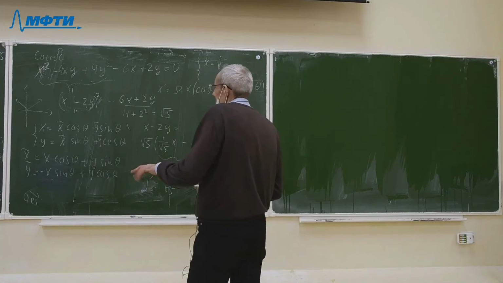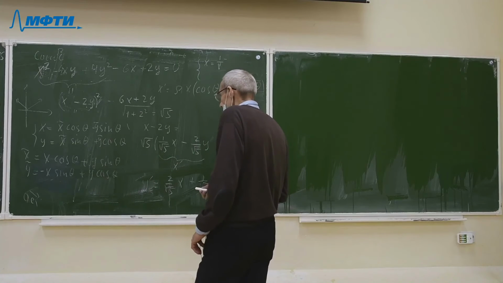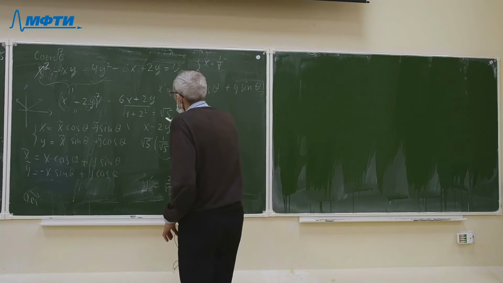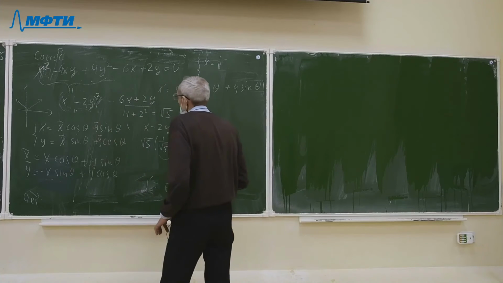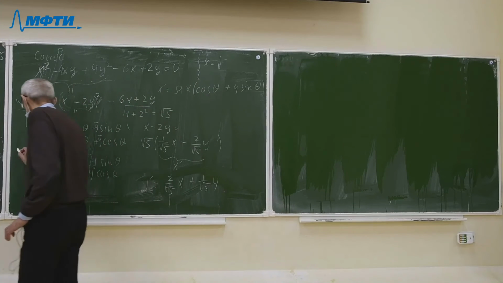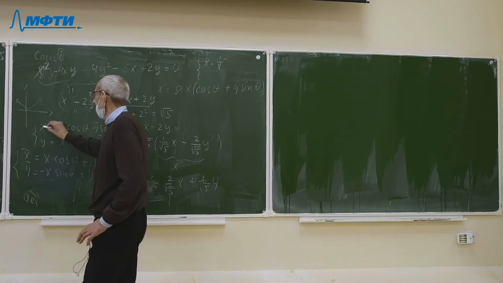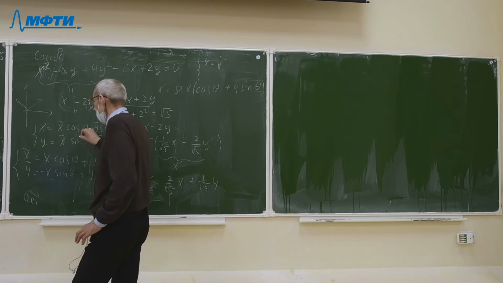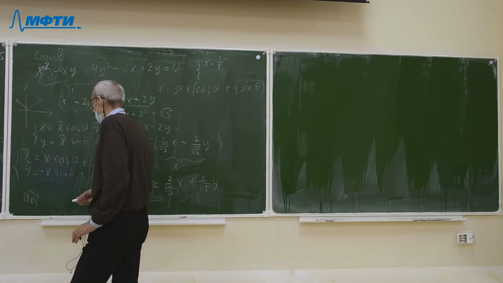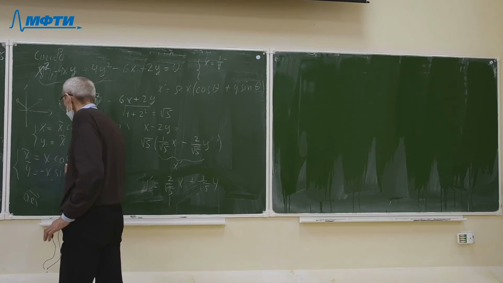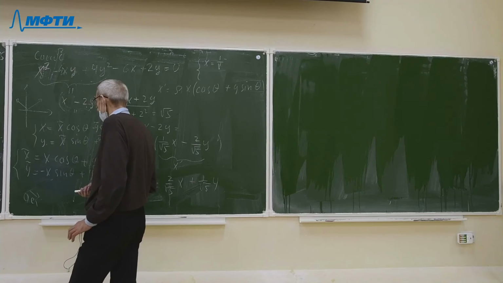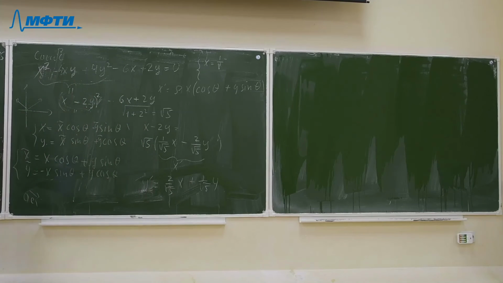I have two rotations. I choose this coordinate as the first, and I have two formulas. One of them expresses the old coordinates in terms of the new, and the inverse formula expresses the new coordinates in terms of the old. If we have a rotation by the angle theta, the inverse rotation is the rotation by the opposite angle, minus theta.